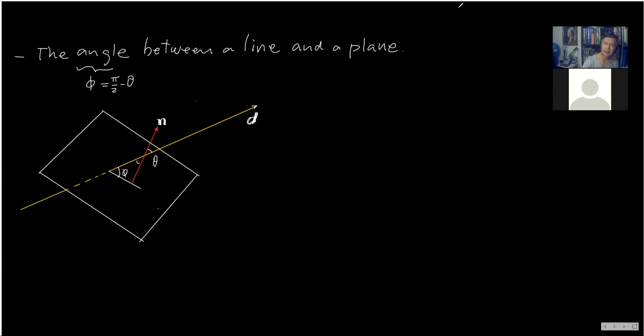In this particular case, can we just write the equation for the plane? I use the example in the textbook that the plane is x plus 2y take z equal to a number, 8. So this is an equation for the plane. And this time the direction of n is also given.